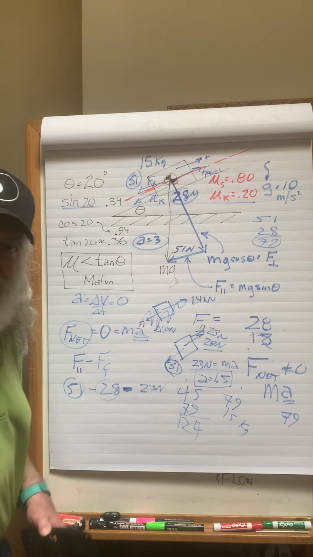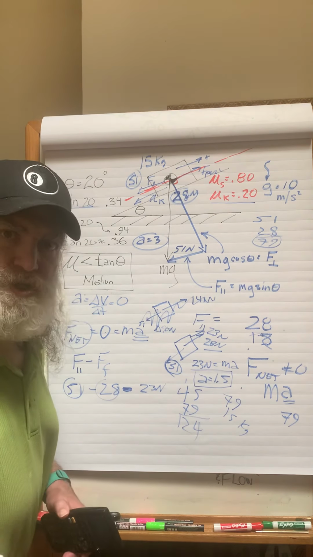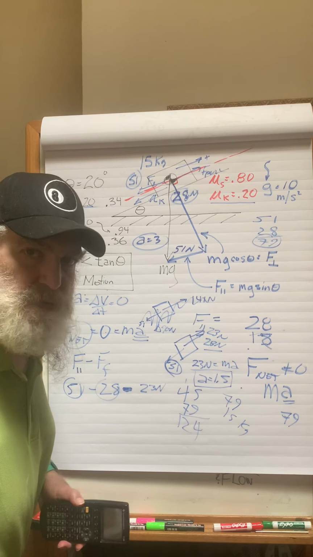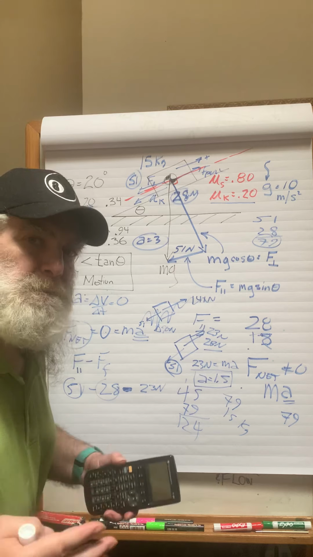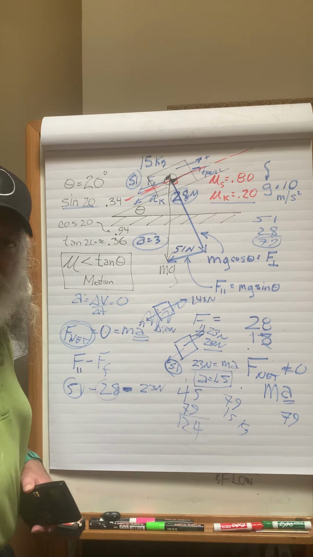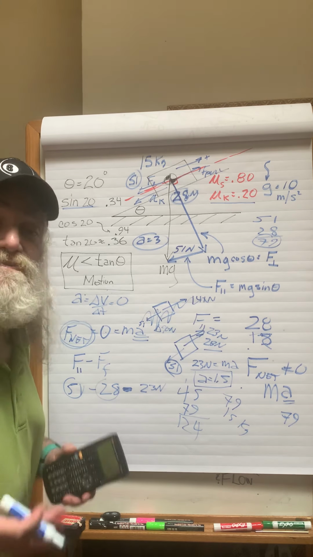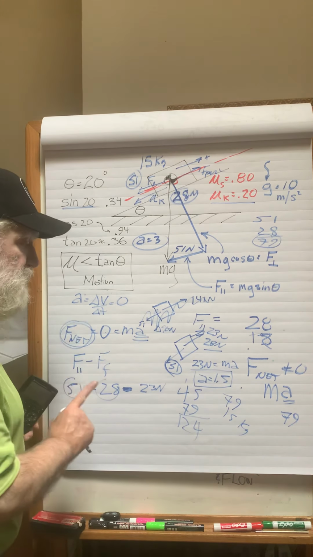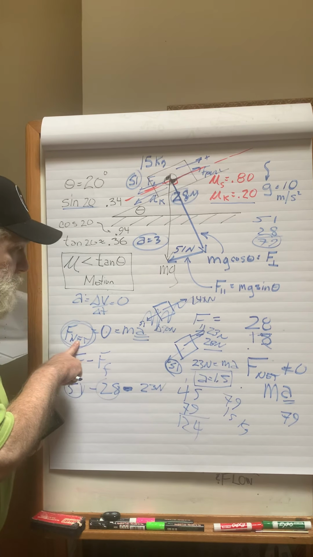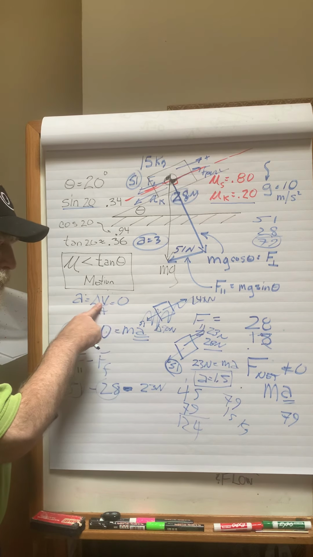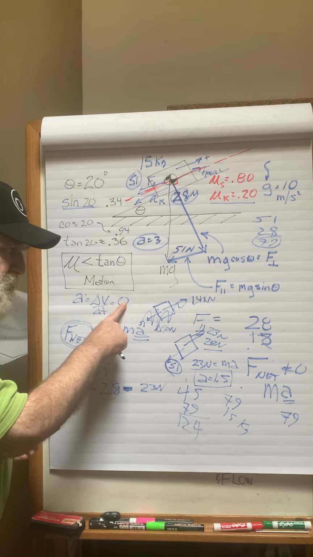So it's relatively easy to calculate what to do if you draw this picture, decide whether you're moving up or down the plane, and calculate your F net accordingly. F net should be what value for constant velocity? If I want constant velocity, F net should be 0, so I get an acceleration of 0, a change in velocity of 0.